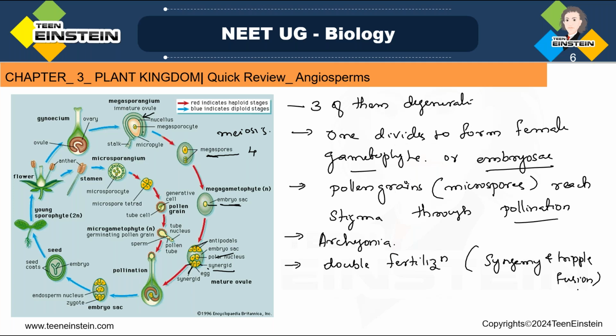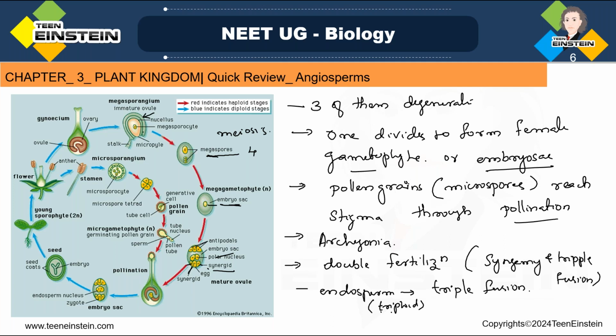Okay. And here endosperm is formed through which one? Triple fusion. So endosperm is formed by triple fusion, and generally this endosperm is triploid.